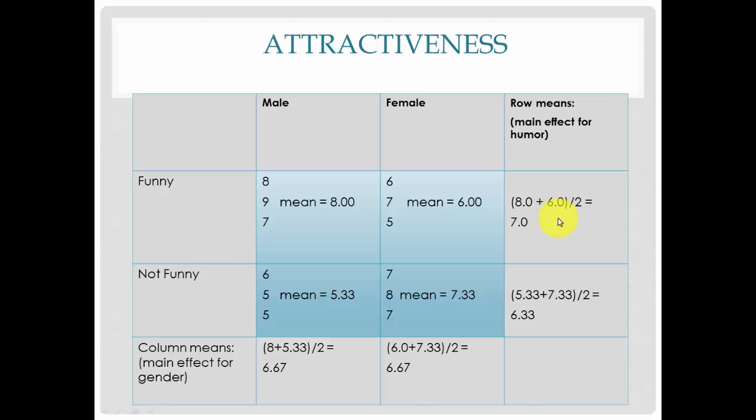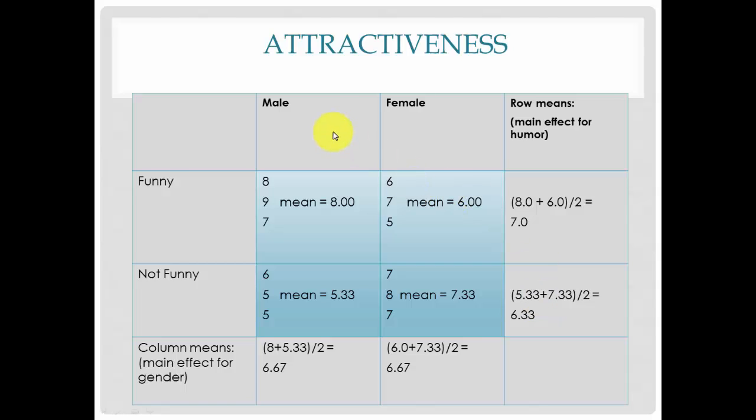So this calculation takes all of these raw scores for funny, adds them all together and gets the mean for all funny regardless of gender. And this is the mean for adding all 6 of these scores regardless of gender to get an average not funny score. So that's going to allow us to look at row effects, which is humor.